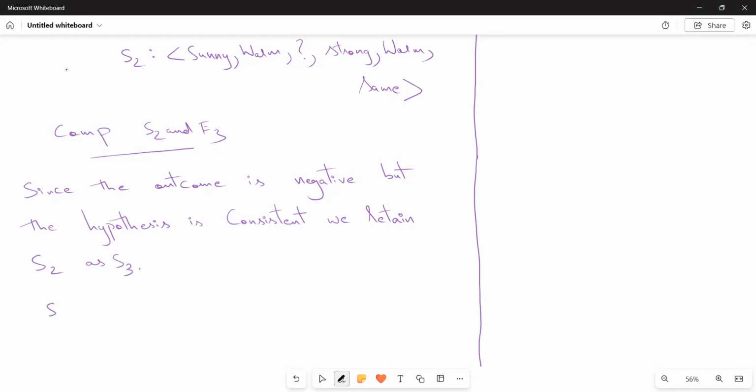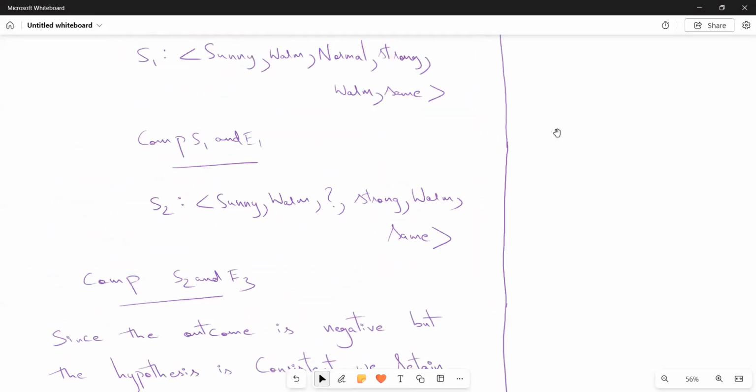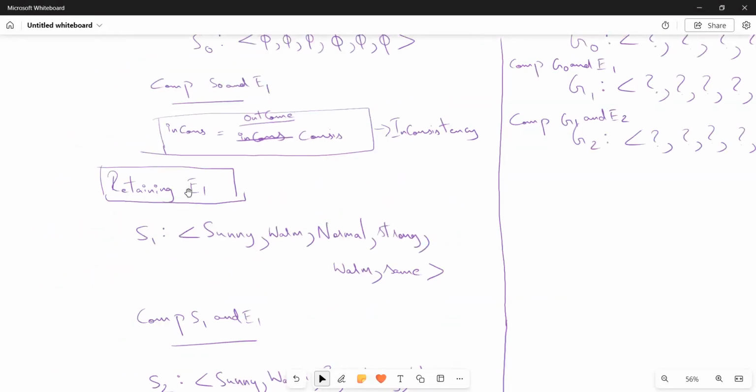Yes, so we have retained S2 as S3. So what was the reason for retaining E1 here?